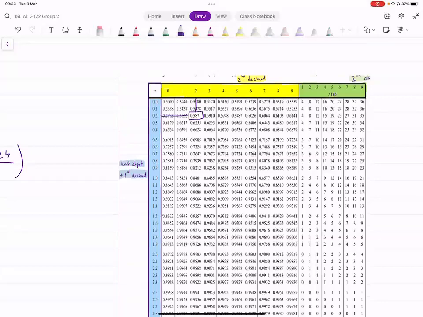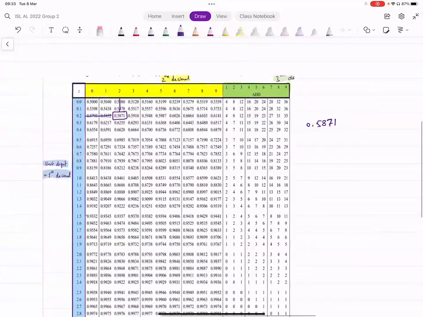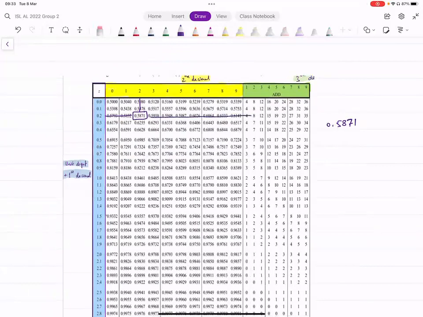Okay, 0.5871, that's done. The third decimal was 8, so now let's go look at that. 8 is here. What are we getting at 8? 3.1. And you add that 3.1. What do we get from this?